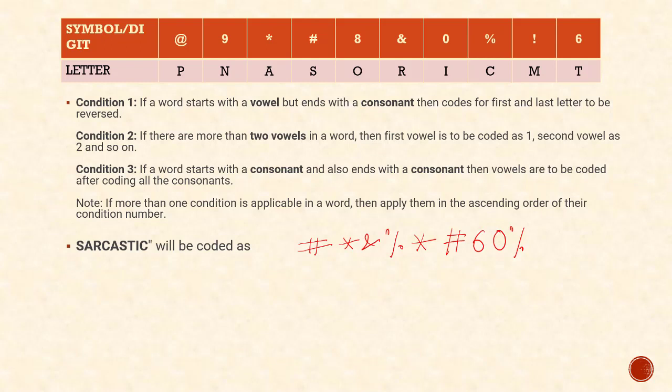If more than 2 vowels are there in the word, the first vowel is to be coded as 1 and so on. So we have vowels at second place, fifth place and so on. Yes, these would be changed with 1, 2, 3, and the code will now look like # 1 & % 2 # 6.